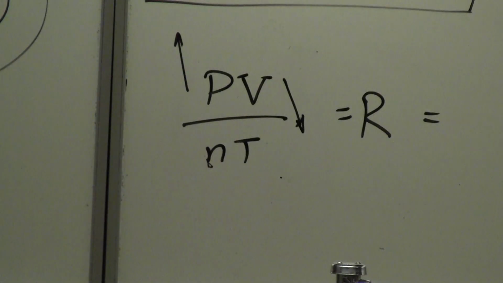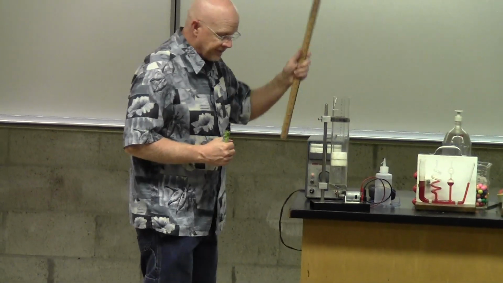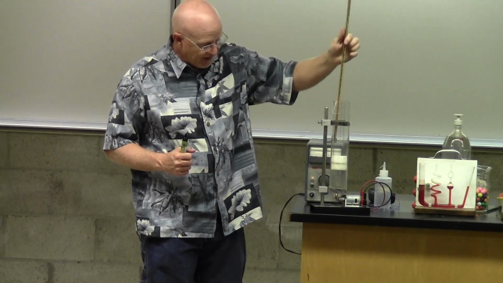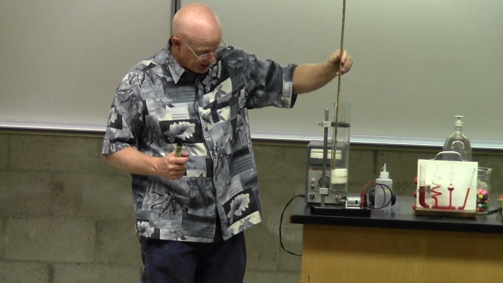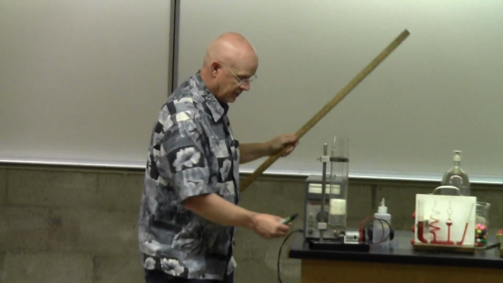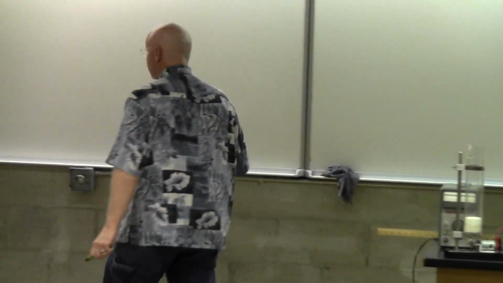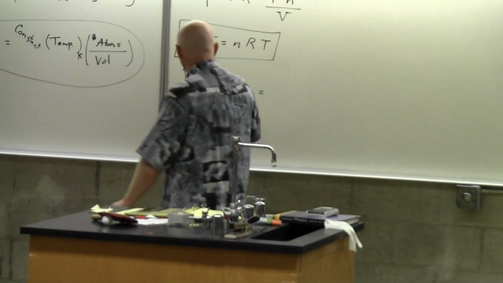And you can see that here. If I start at a high temperature, so maybe I'll put the knob up here, and then I increase the pressure, the volume goes down. But the speed of them stays the same. And so that's this connection.